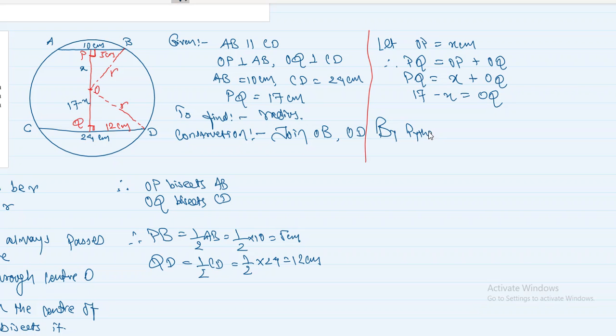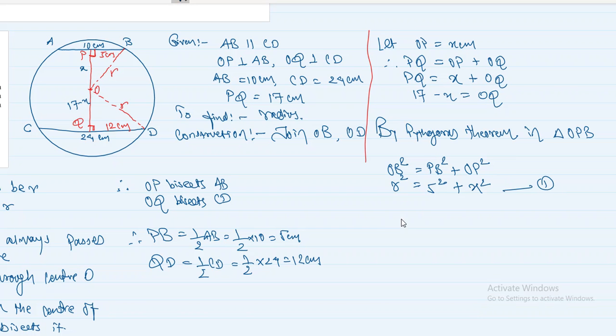Now we can apply Pythagoras theorem. By Pythagoras theorem, in triangle OPB, OB square is equal to PB square plus OP square. So OB is R, R square is equal to PB, which is 5 square, plus OP, which is x square.